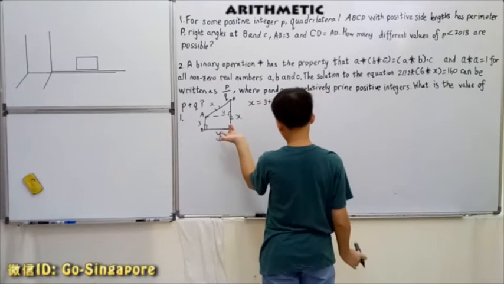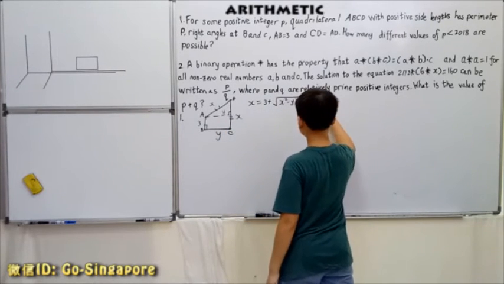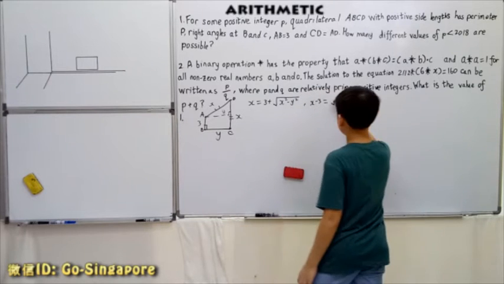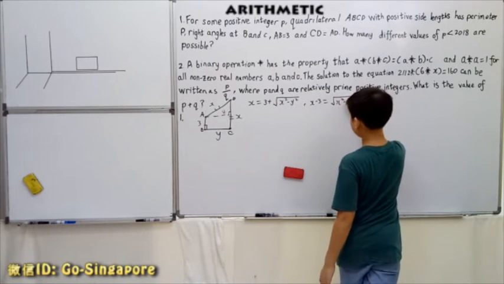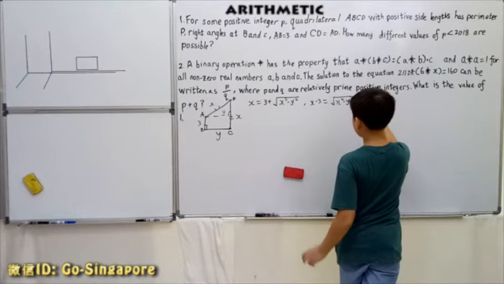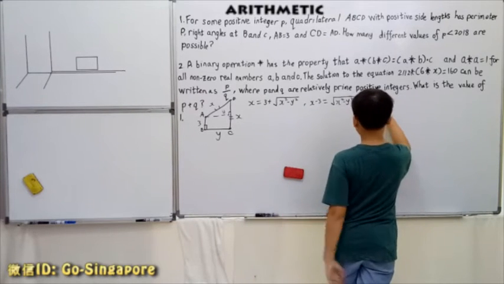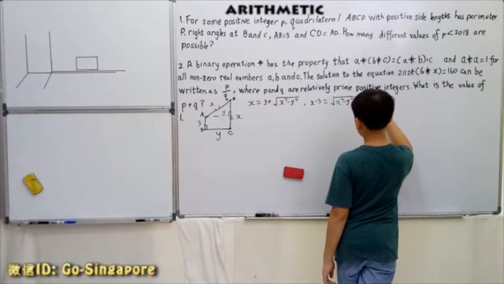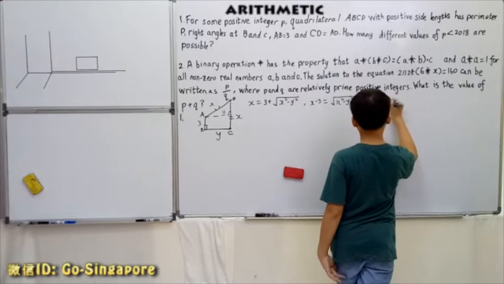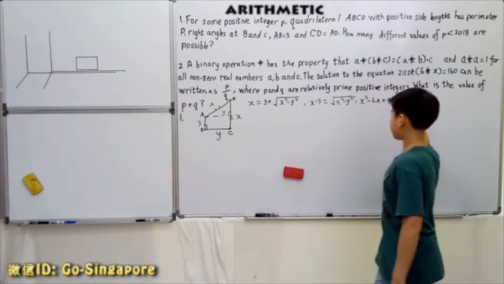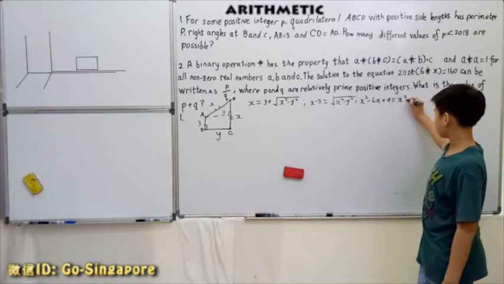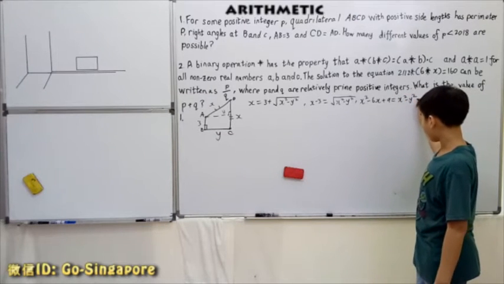Then 3 to the other side, and next we square both sides. So (X minus 3) squared gives X squared minus 6X plus 9, and this is equal to X squared minus Y squared.